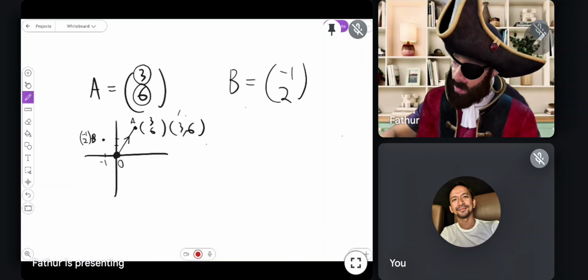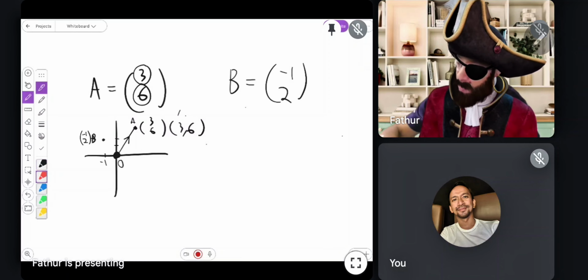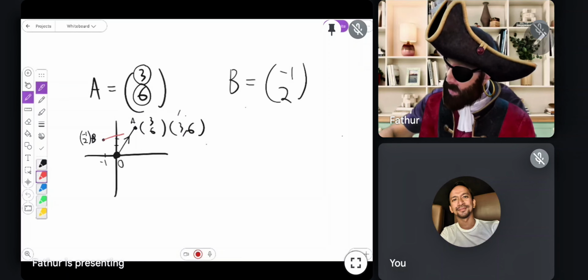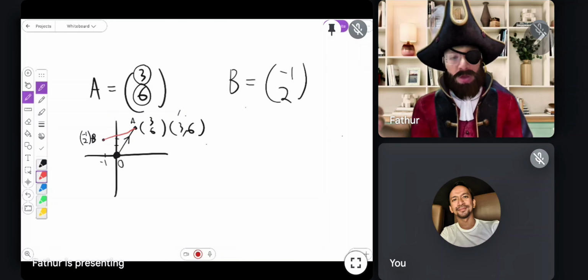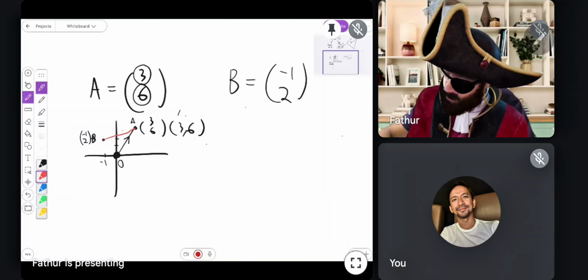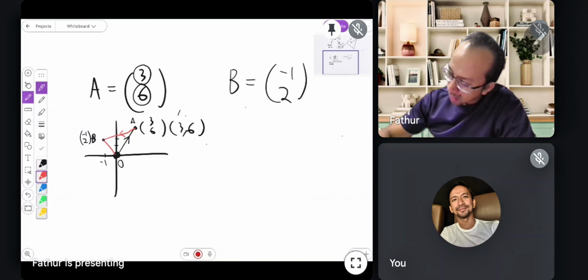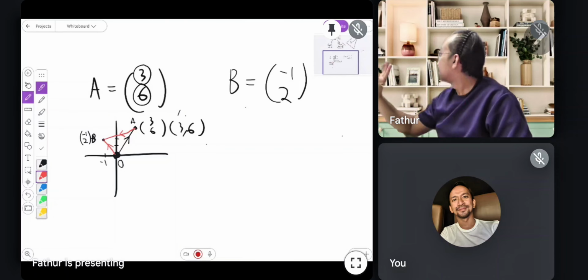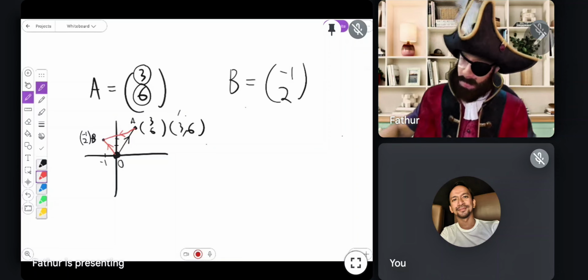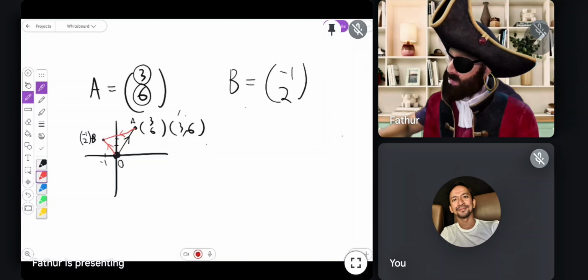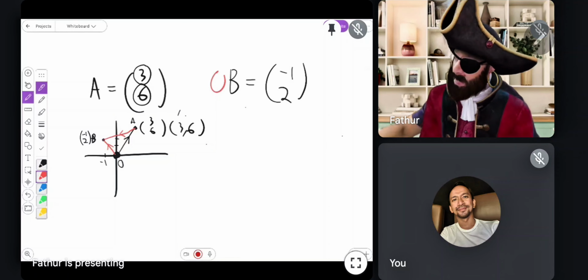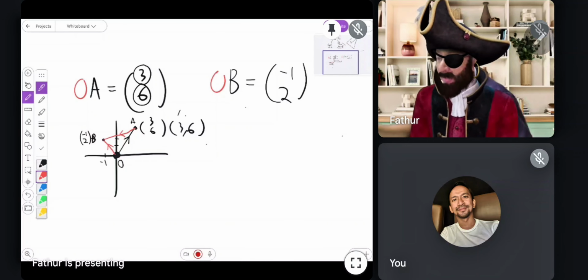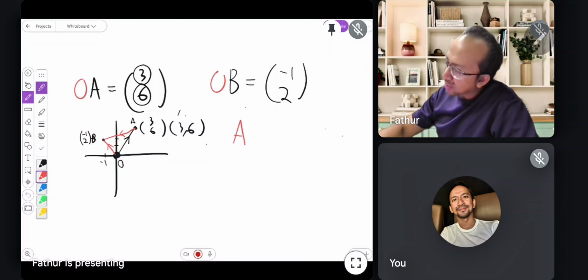Now, since you get that already, how about I join them together? How do I go from A to B? You see this A to B, but now I have OB first. OB is negative 1 and 2, OA is 3 and 6. But if they were to ask you what is the vector of AB, how do you get this done then?